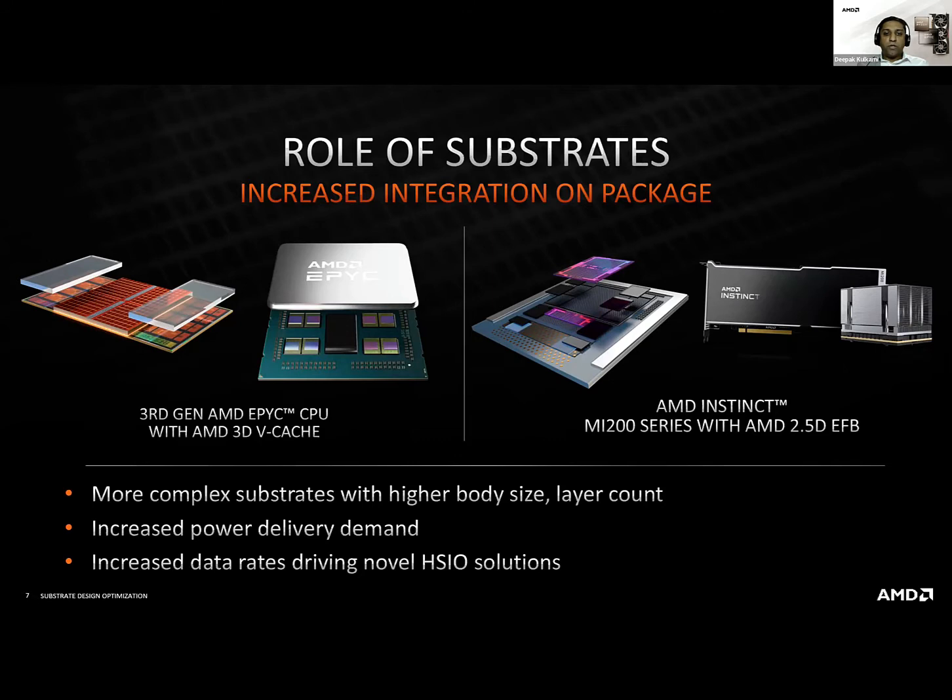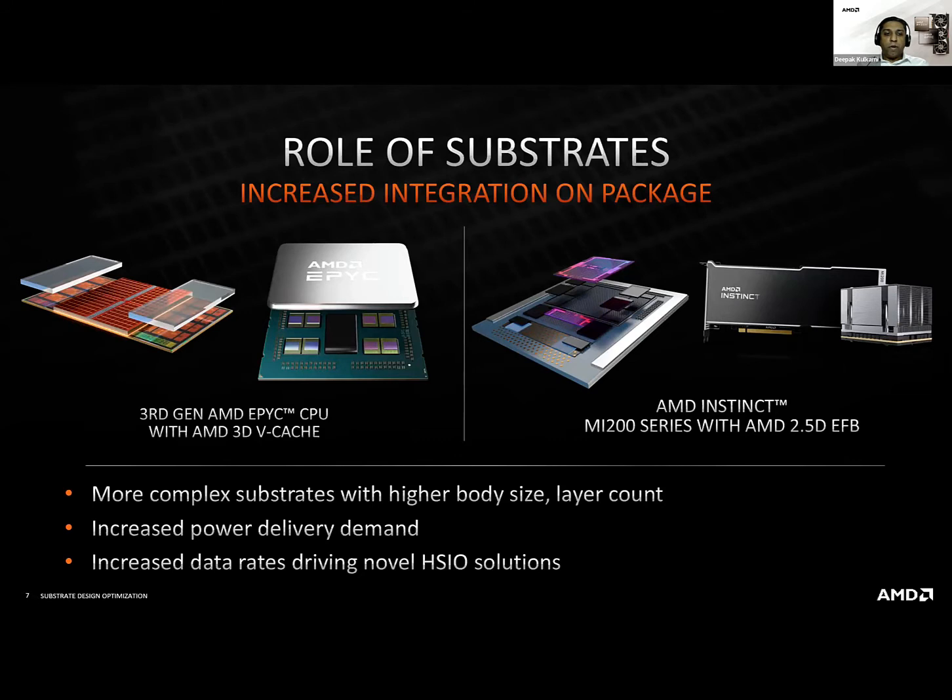These chiplets also are power hungry, in the sense that we are continuing to see an increase in the power delivery demand for these chiplet architectures. So providing that power delivery solution through the substrate is another key vector of where design optimization comes in.